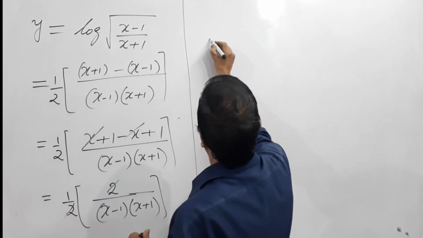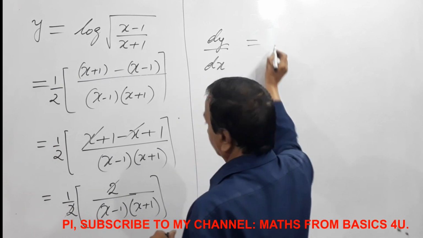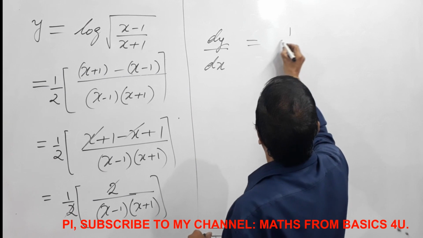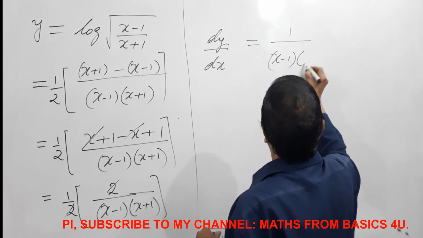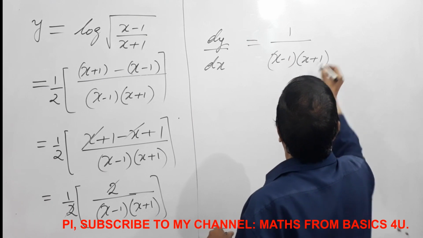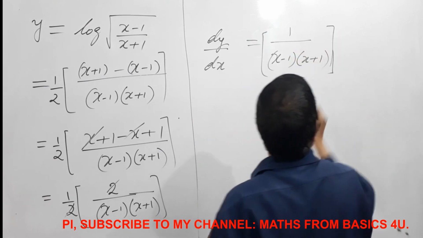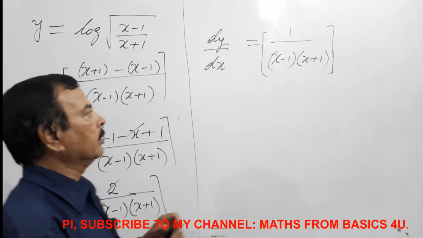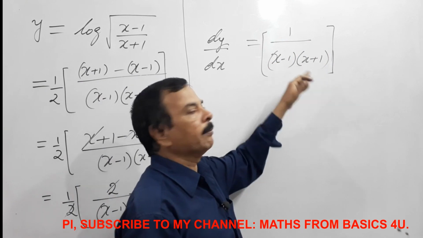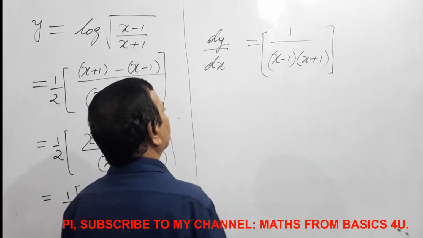So on the left hand side we have dy by dx equals 1 by x minus 1 into x plus 1. Okay. We can stop at this, or this is a plus b into a minus b, that is a square minus b square. We can write like that also.